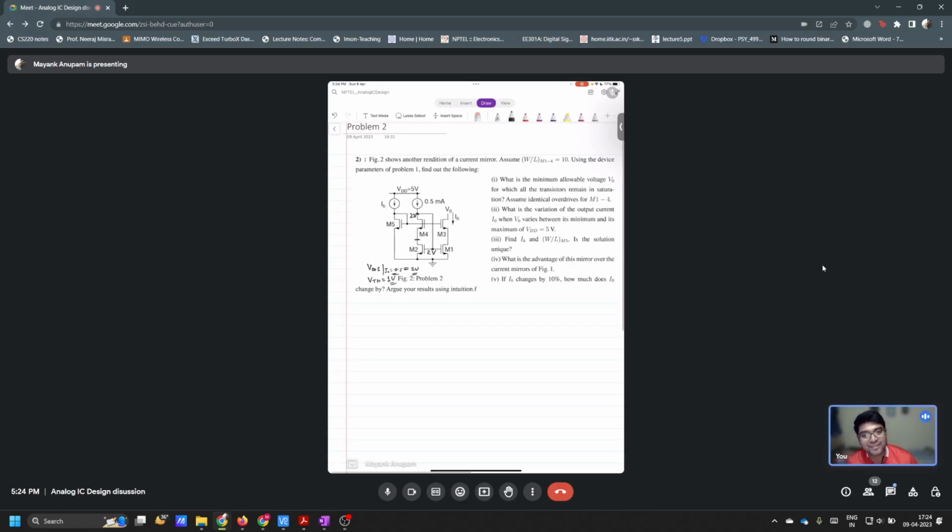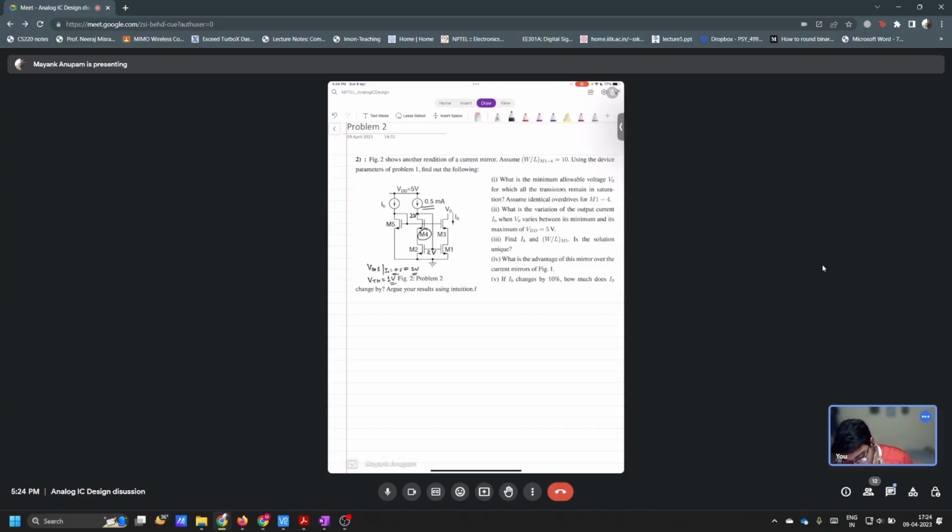Clearly everything is set by VDD, but look at this transistor M4. M4 requires a certain gate to source voltage to ensure that a current of 0.5 milliamps flows through it.